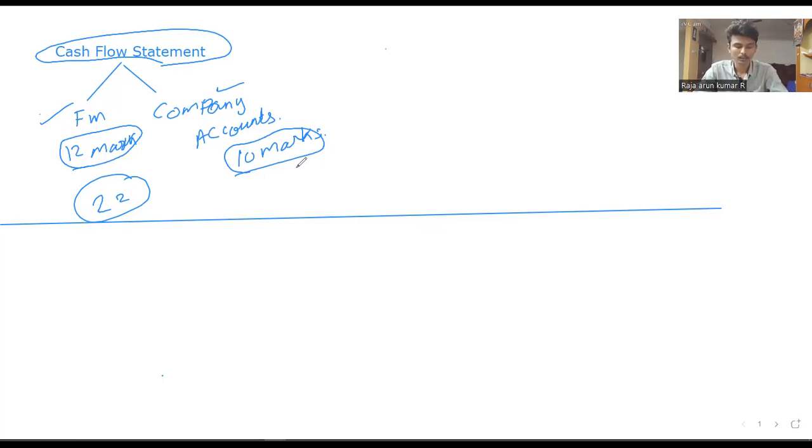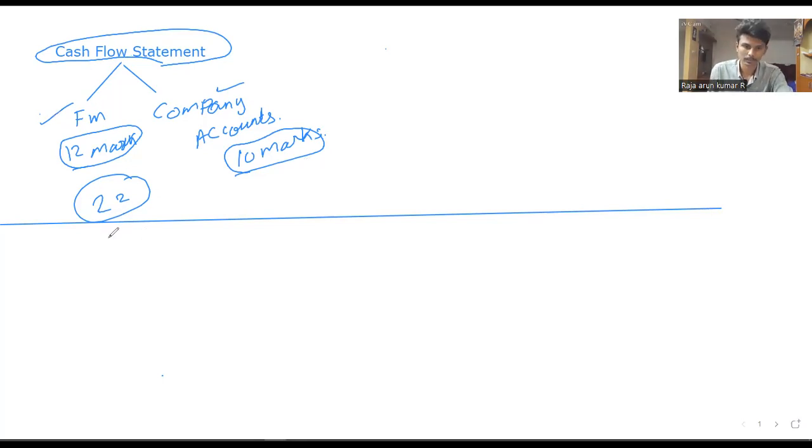How you utilize the cash, if it is recorded, is called a cash flow statement. I repeat it once again: how you utilize the cash, if it is recorded, is called a cash flow statement.